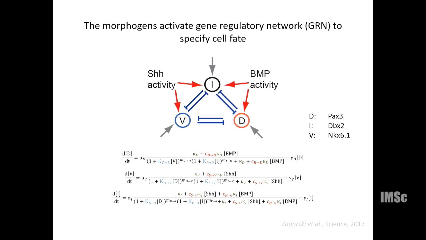But can we construct a gene regulatory network that is actually doing this task? So I propose a 3-node network composed of key transcription factors in the neural tube, representing ventral, intermediate, and dorsal phase, each of them inhibiting each other to some extent.